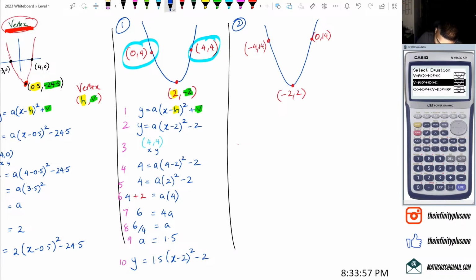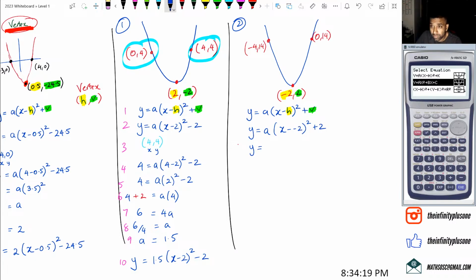So once again, I'm going to do y equals a(x minus h) squared plus v, and I've got my h as -2 and my v as +2. So I'm going to end up with y equals a(x minus -2) squared plus 2.